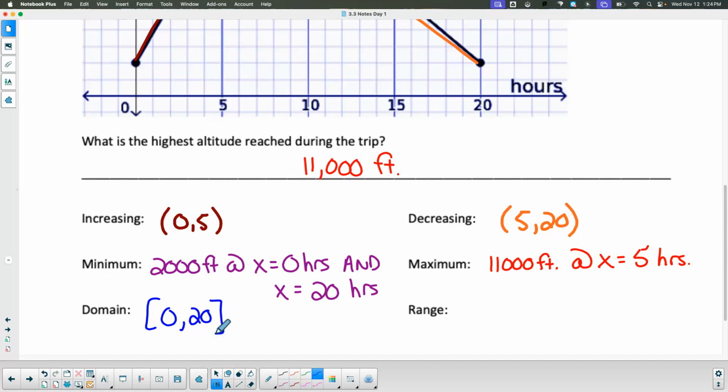It took me a moment to process too. What would my range be then? Bracket 2,000, comma 11,000, because it's in thousands. Yep. Interesting. Thank you for your input.